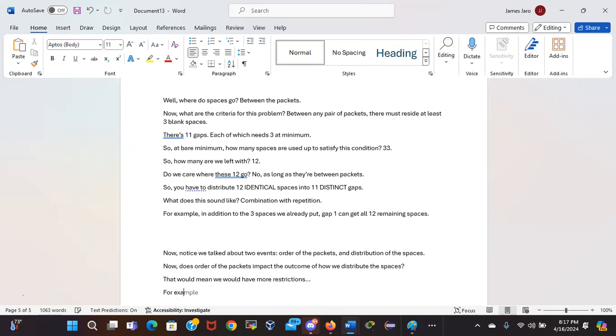For example, suppose I say that I send packet one first, then I want to send packet two next. If we have four spaces between one and two, we can still have four spaces between two and one. Was that impacted by choosing to have 1, 2 and 2, 1? Or is that impacted by your choice to put the spaces there in the first place?